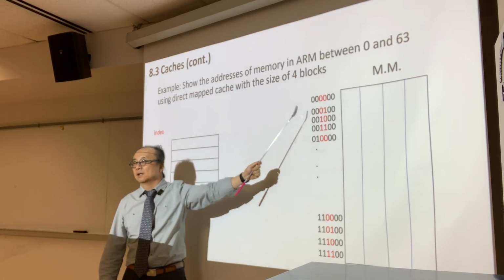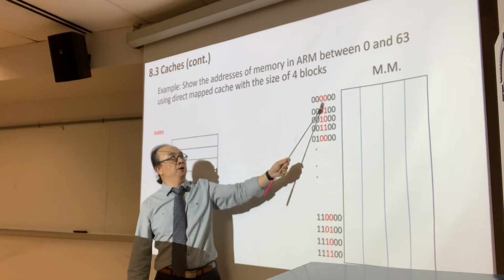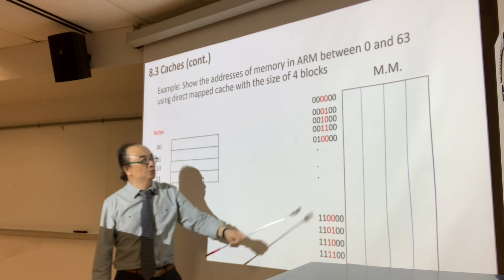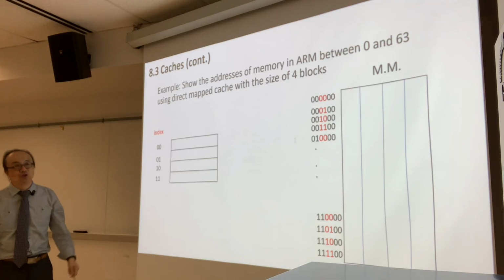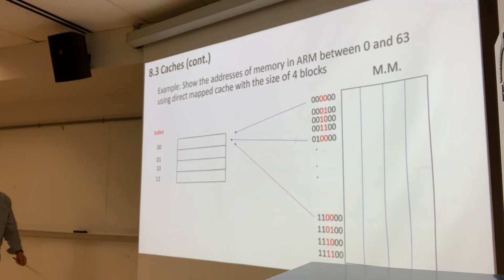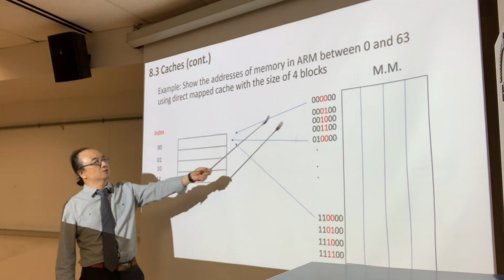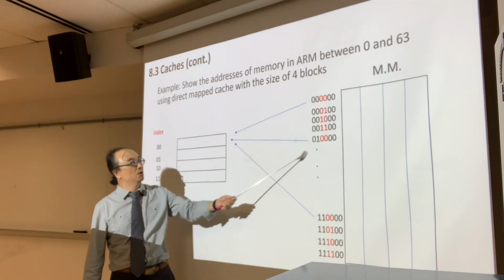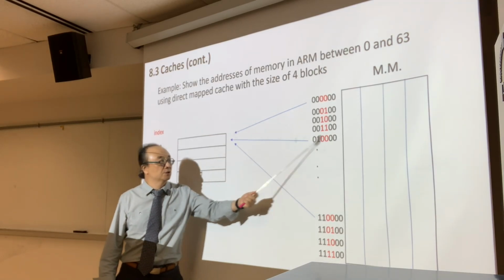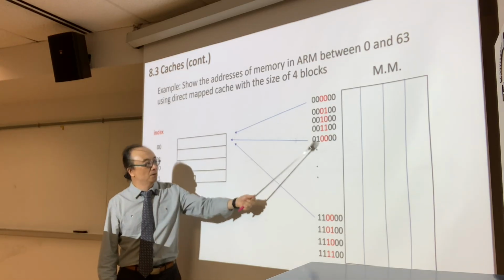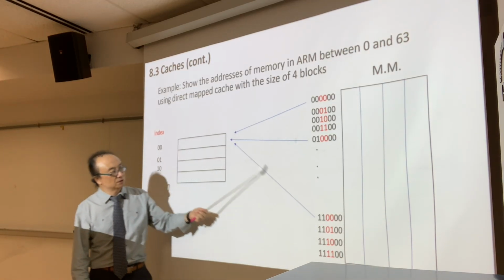After the lower 2 bits, there are the next 2 bits. That's something we can use as an index. In here, 000000 is going to be here, 001000 is going to be here, and 001100 is going to be here.